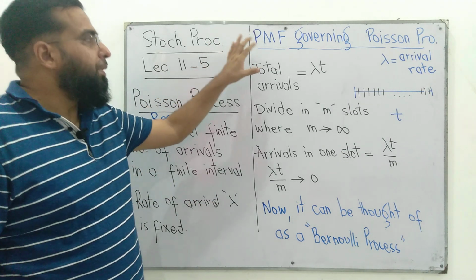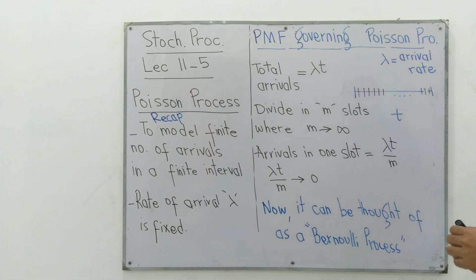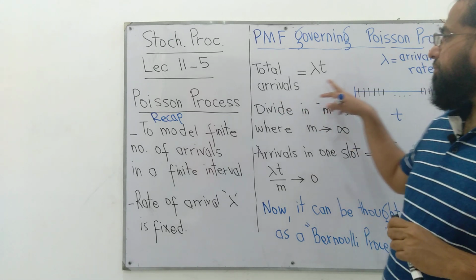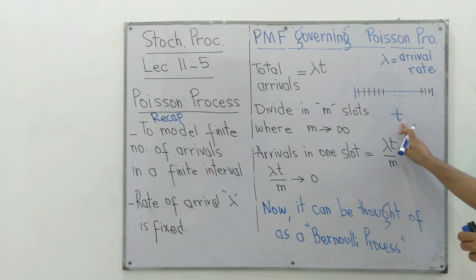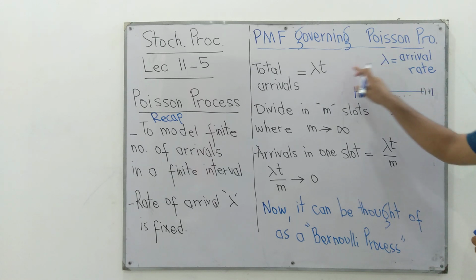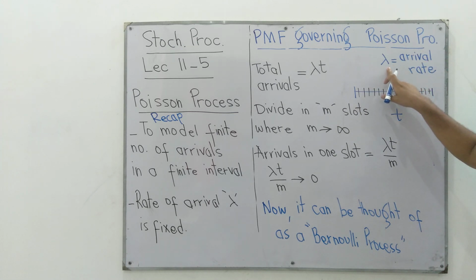Today we'll talk about the PMF that governs Poisson process. Total arrivals in a given time interval, small t, would be lambda multiplied by t, where lambda is the rate of arrival, arrivals per unit time.